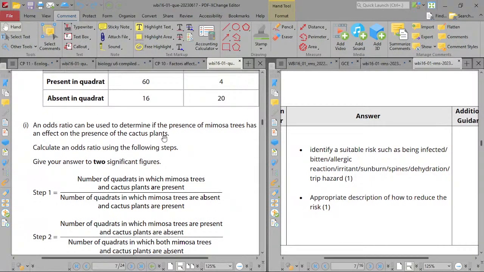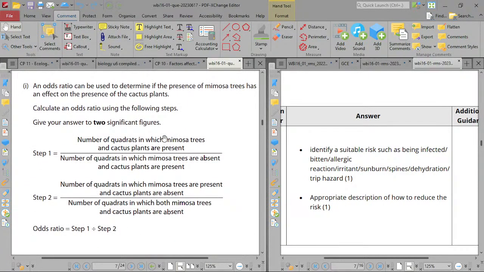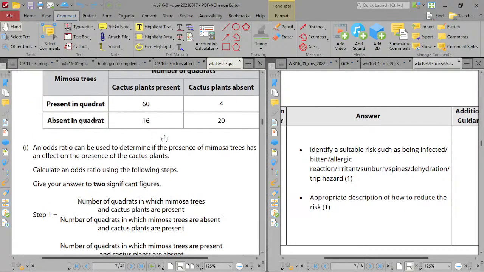Both are present divided by absent present, and then present absent and both are absent. Okay, 18.75.